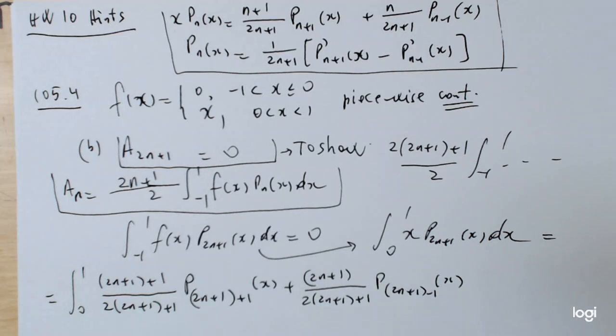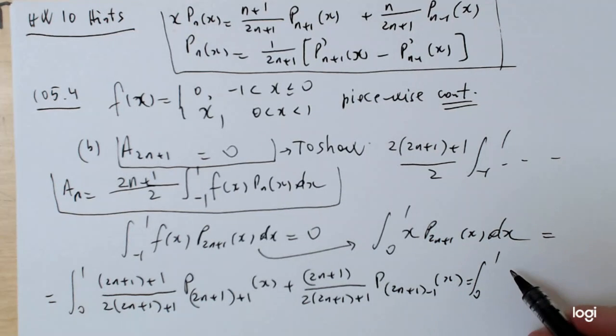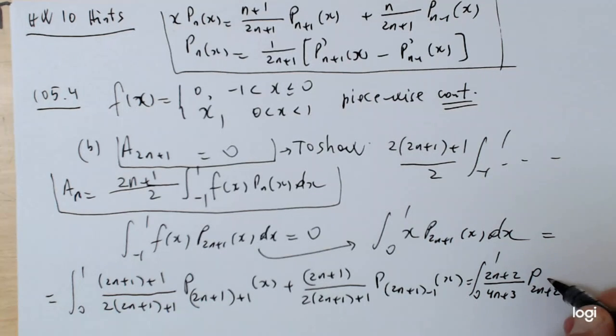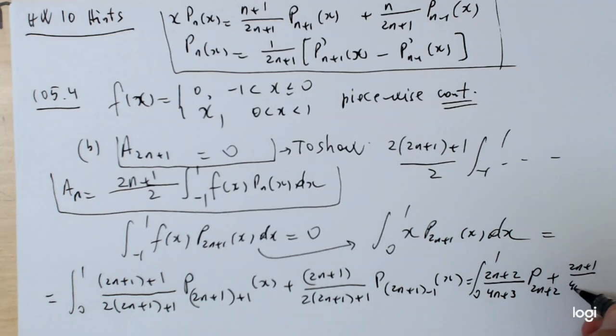So basically this splits into two integrals, right? It will be 2n plus 2 on the bottom 4n plus 3, P2n plus 2. And the other piece will be 2n plus 1 over 4n plus 3 again, P2n.